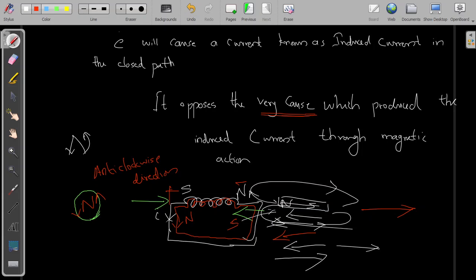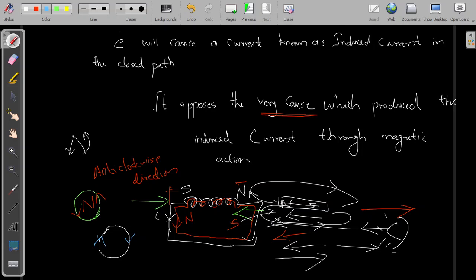So in that case, the coil, which looks like a circle when you look from this view, must have its current flow direction opposite to that in the previous case, in the clockwise direction.